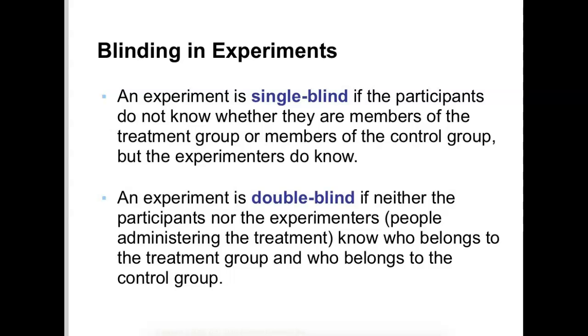So the doctor could be like, oh, they're on morphine, so their pain level shouldn't be that high. And that could influence the way they diagnose it, right? So in that case, you don't want the patients to know what treatment they're receiving, and you also don't want the doctor diagnosing to know what treatment they're receiving, because you don't want it to influence the way the doctor diagnoses them. So that's double blind.